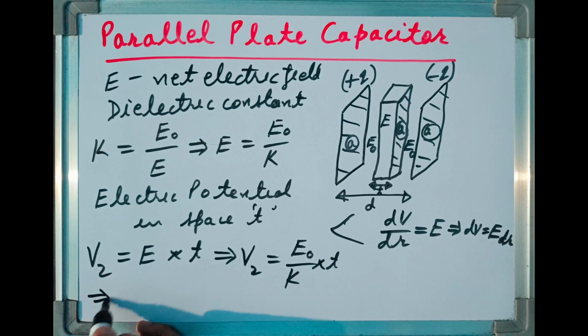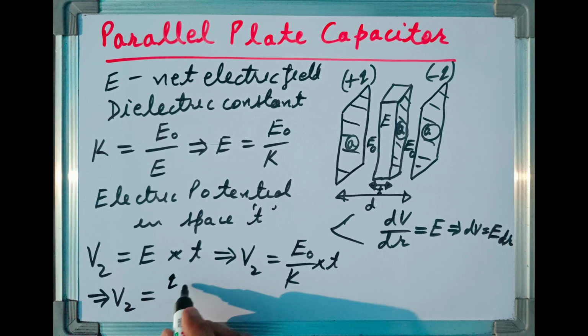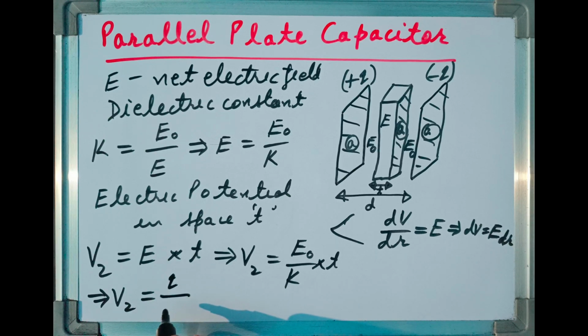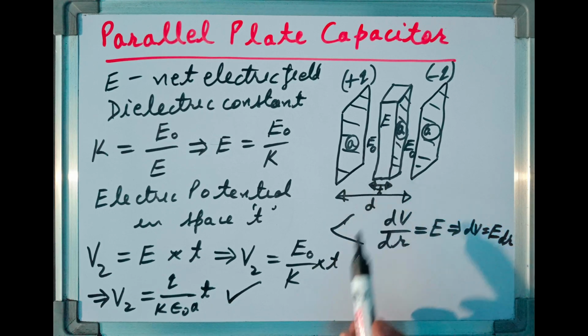Again, let me put value of E naught from previous equations. So I can write V2 is equal to Q divided by K epsilon naught A multiplied with t. So this is potential in space t. Earlier we have calculated V1 as potential in space d minus t, rest of the space.